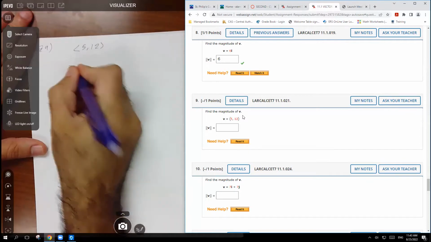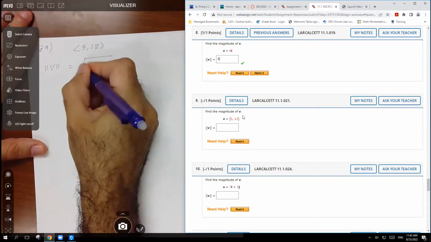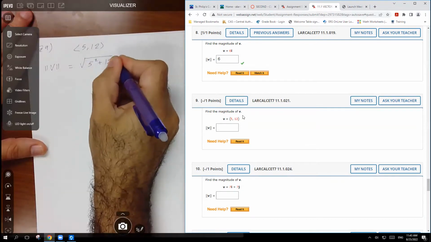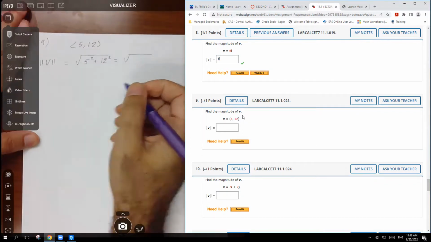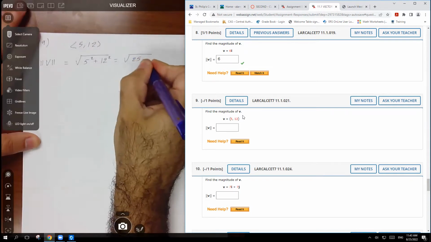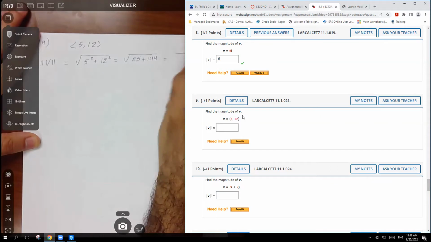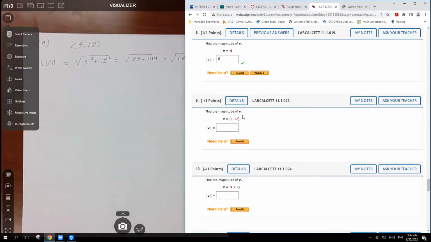The length of v is going to be 5 squared plus 12 squared, which is 25 plus 144, the square root of 169, and the square root of it is 13.